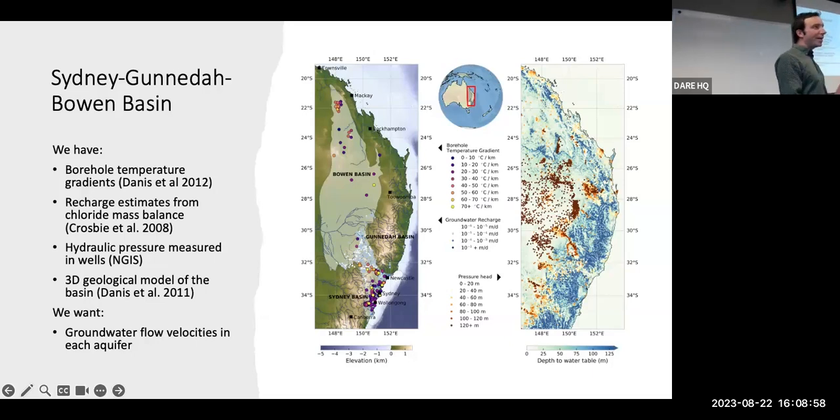We also have a 3D geological model, which contains the description of all the different aquifers within this basin. We can populate those with hydraulic conductivities, which we use to infer the groundwater flow velocities once we solve for the hydraulic pressure. What we want is the groundwater flow velocities in each aquifer.